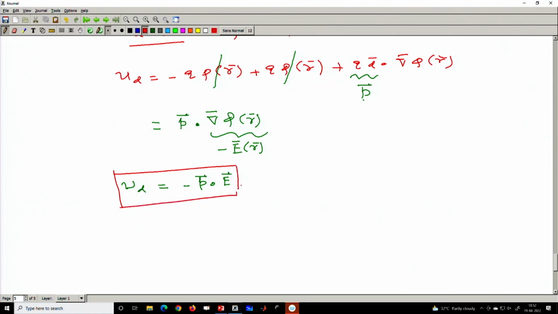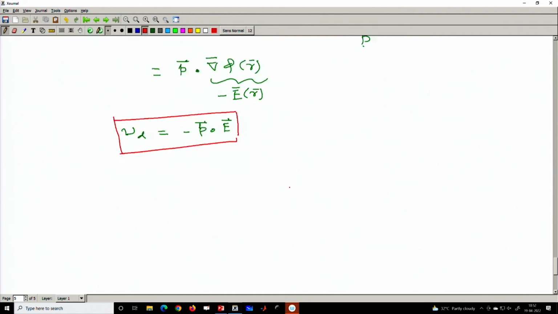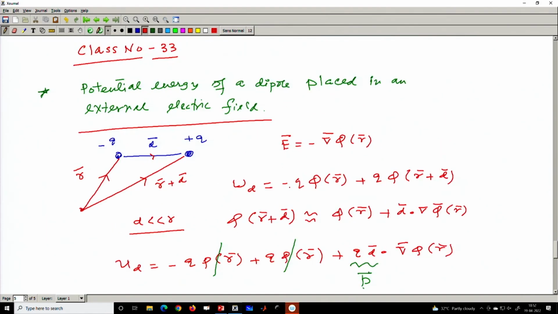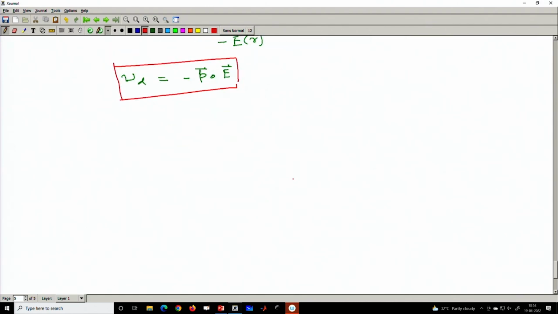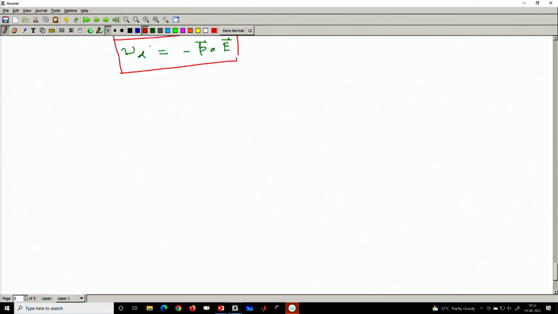Since it is experiencing an electrostatic potential energy due to the external field, this external electric field should also exert some sort of force, which we can calculate.